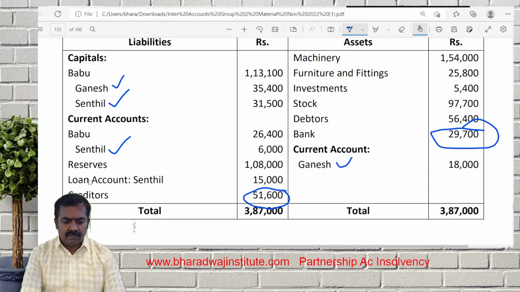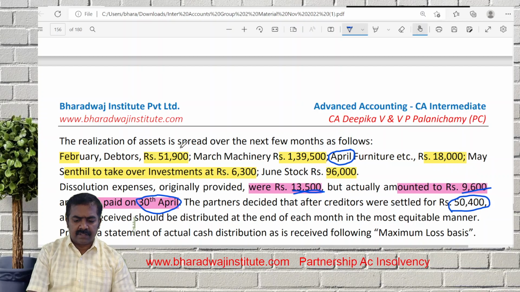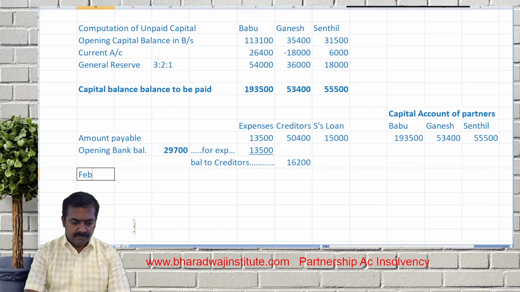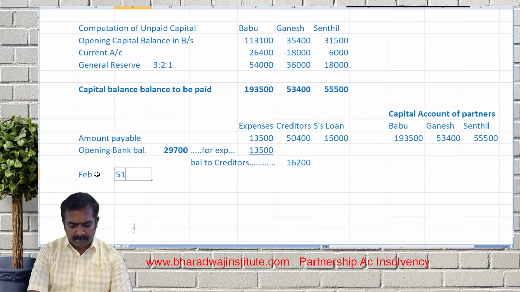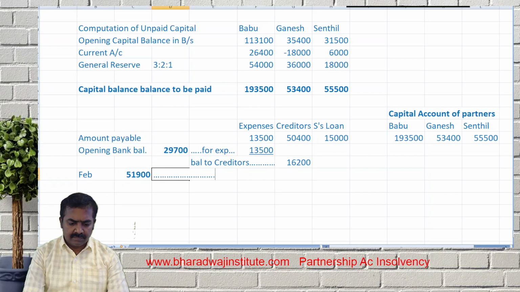Then which month realization next? Look at the adjustment, which month? In February we get 51,900. What do we do with this 51,900?